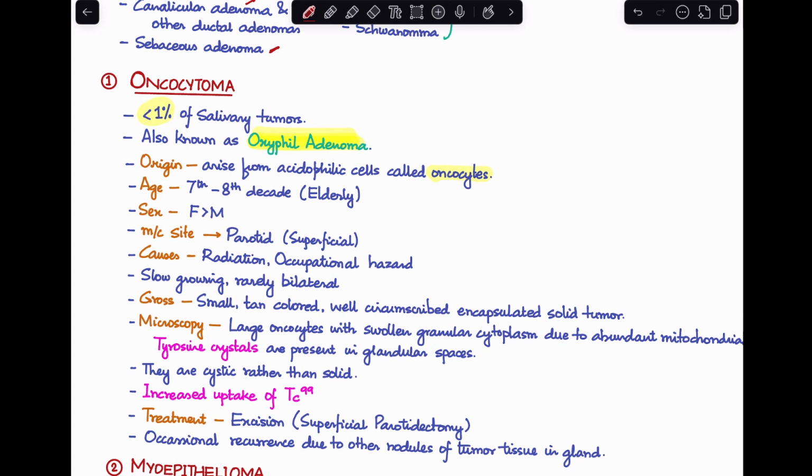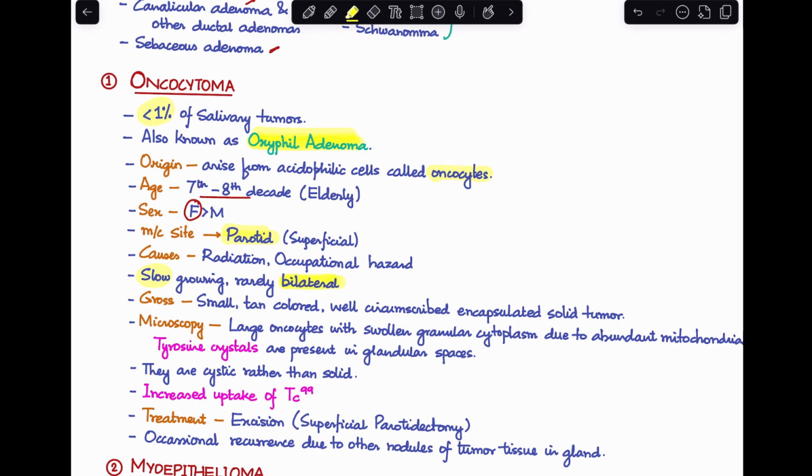It is seen in the elderly, in about the 7th to 8th decade. As usual, this has a female preponderance. The most common site of involvement is the superficial lobe of the parotid. Causes here are radiation and occupational hazard. Just like any other benign tumor, it is also slow growing and rarely bilateral.